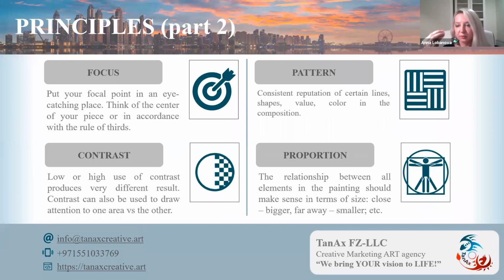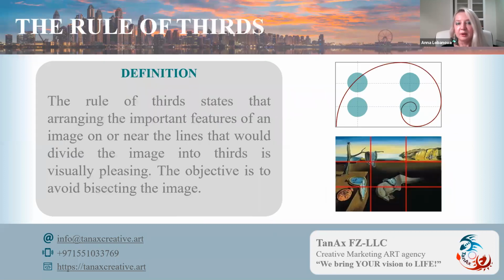Focus, one of the important points, as I said, is where does the eye go first. Contrast, that helps you to create different elements, that's to guide the movement of the eye. Pattern, this is a repetition of the same kind of lines and shapes and colors. And proportion.